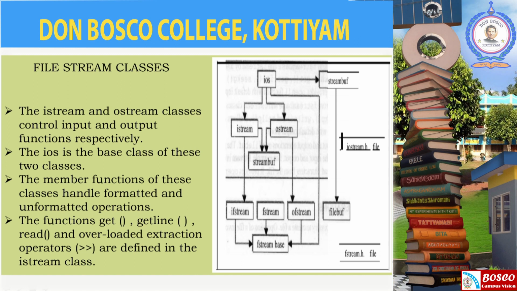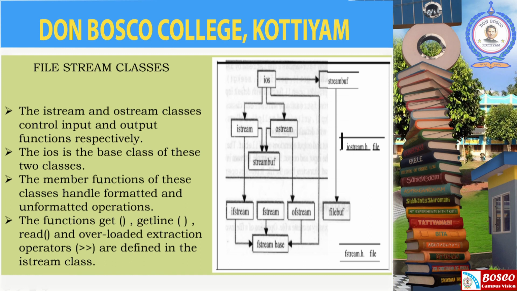Next, more about the file stream classes. From the figure we can see that there are two different files, that is the iostream.h file and the fstream.h file. And we know iostream.h will be supporting the input-output functions, both formatted and unformatted.